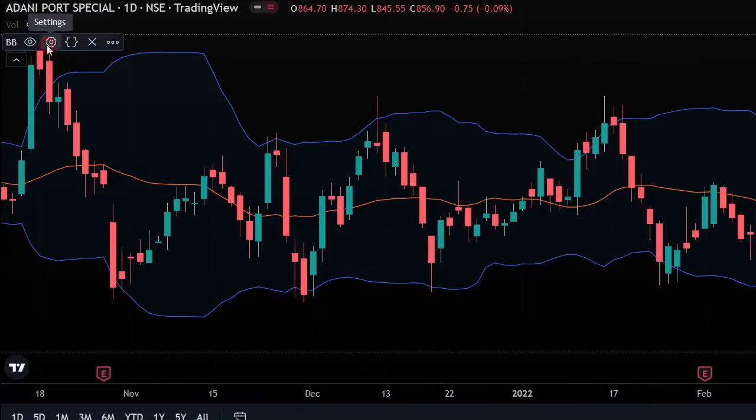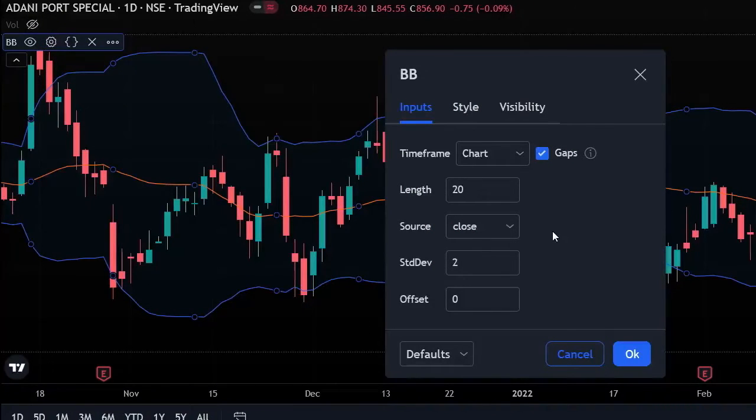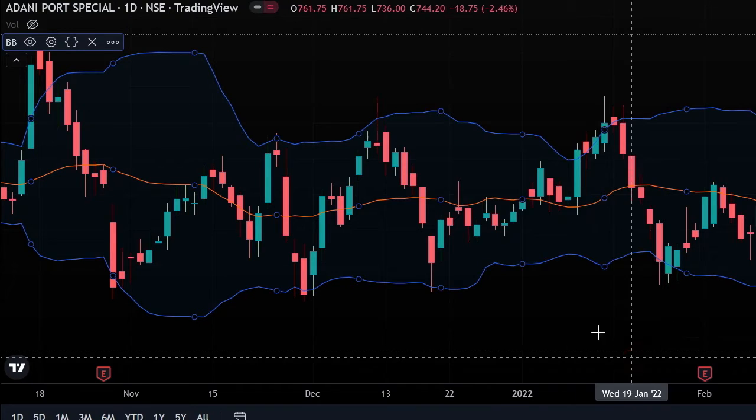And if we see the settings of the Bollinger Bands indicator, we have a length of 20 and a standard deviation of 2. It means we are using a 20 moving average as a midline and a standard deviation of 2.